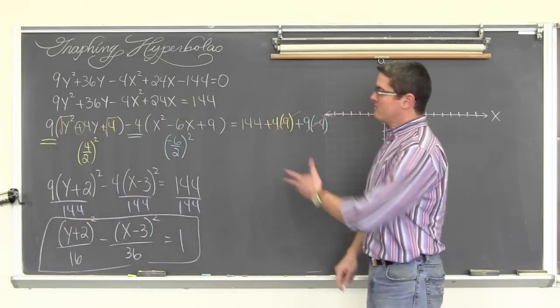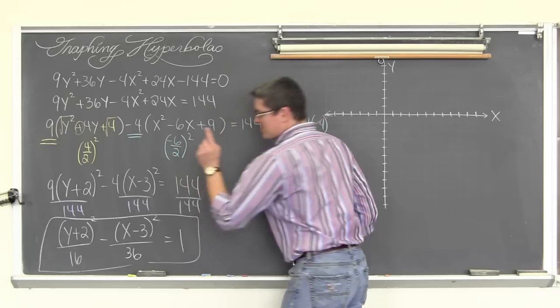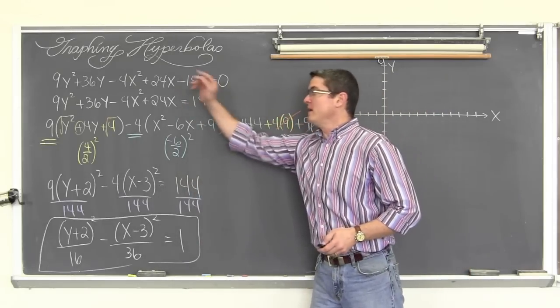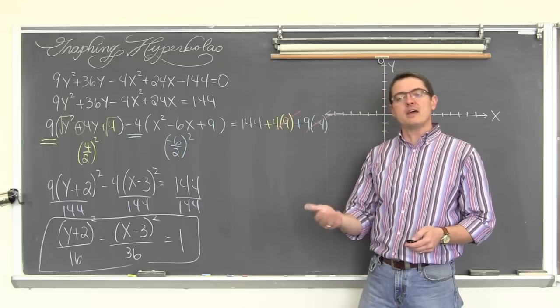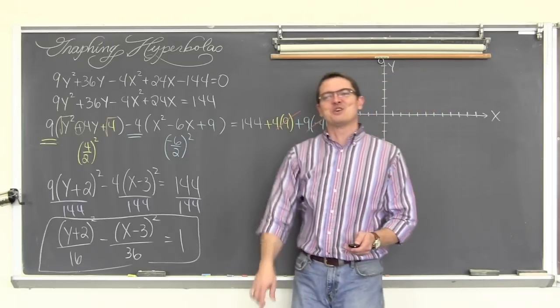Now I've taken up all my empty space to get my equation from general form into standard form. So let's take a pause. I'll erase this, get the standard form written up here, find all the values of A, B, and C, asymptotes, vertices, foci, whatever. Get that graph drawn.